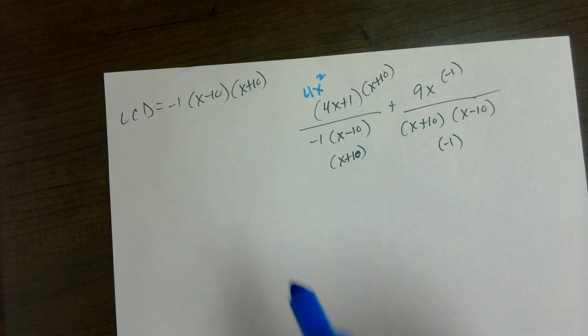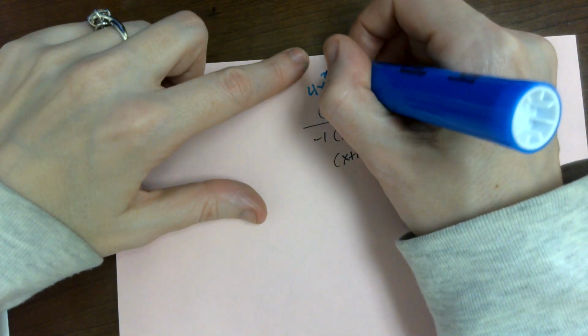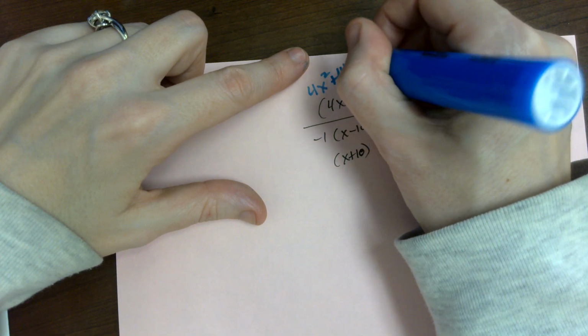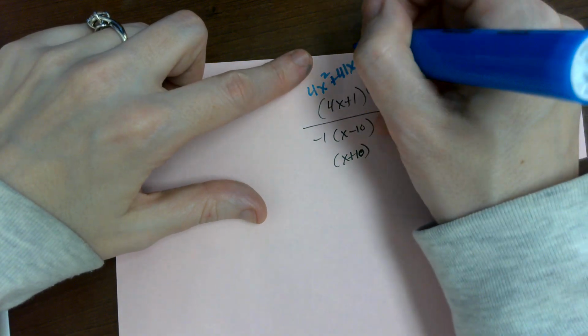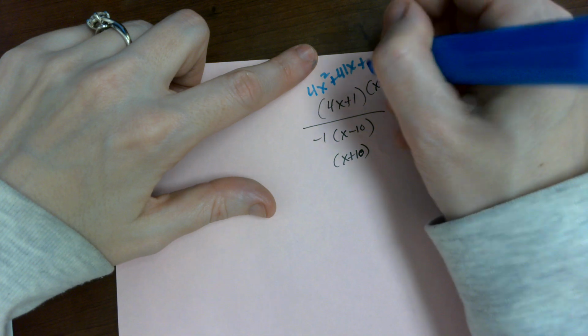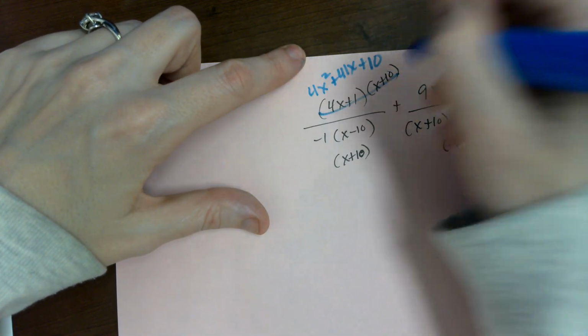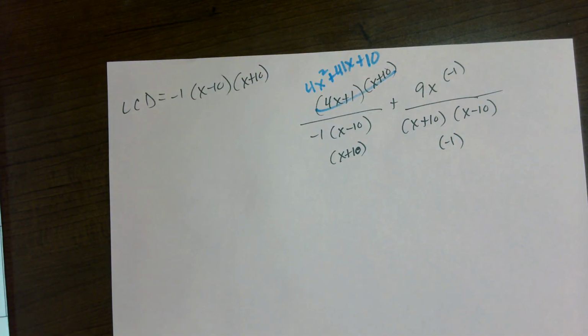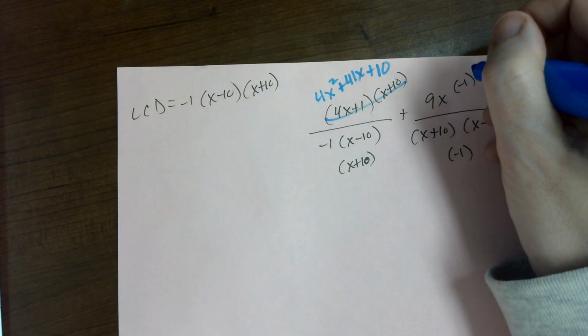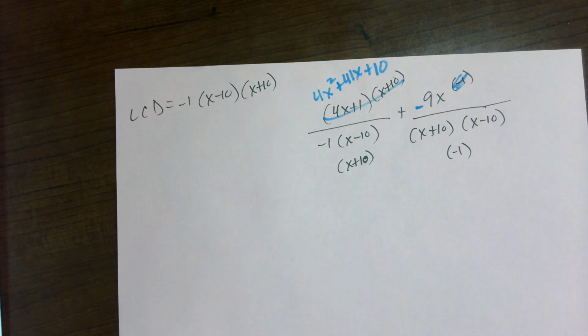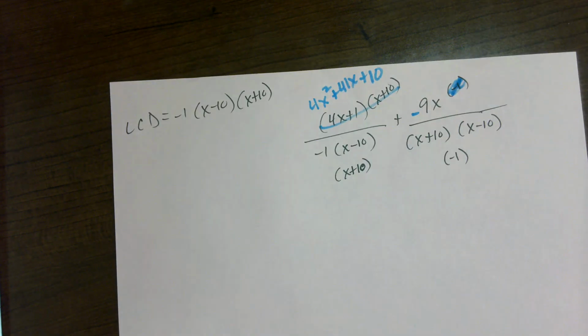So 40x plus 1x is 41x. And you don't have to do it that way. You could actually write the whole thing out, but I'm just saving some space. Okay, yeah, and then this is going to be, I'll just put that there. So that's a negative 9x.